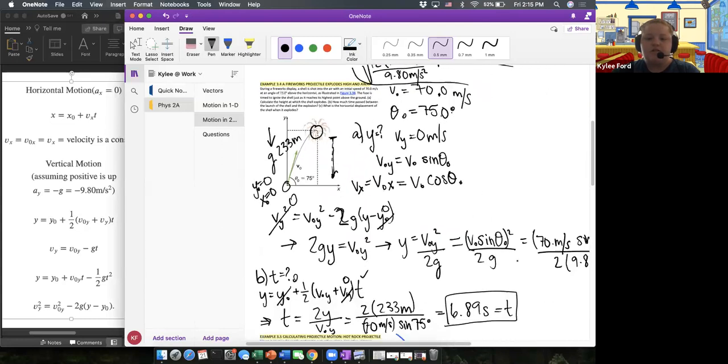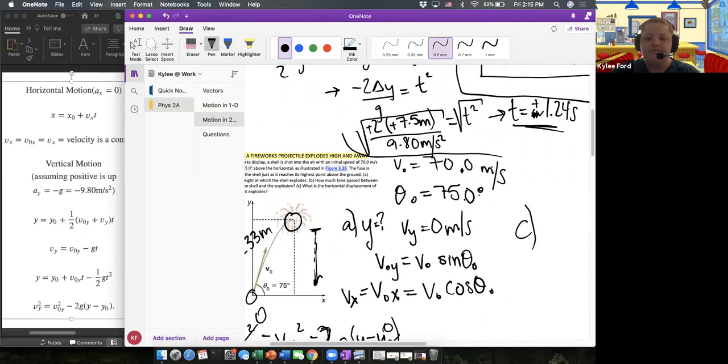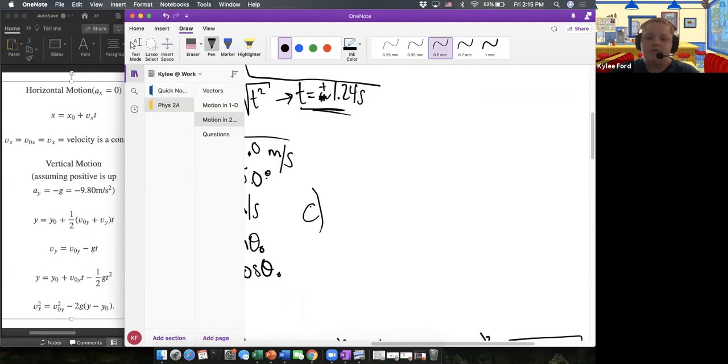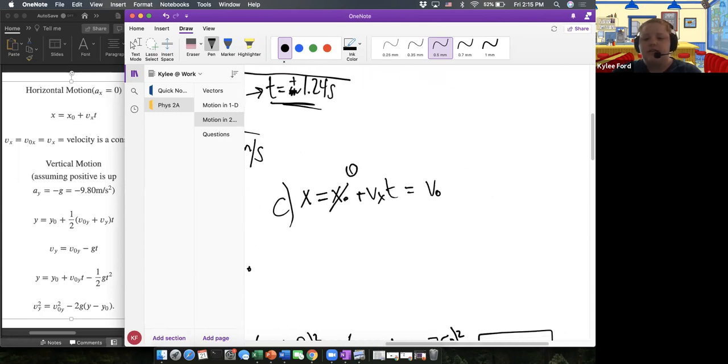Okay. So let me go over here and I'll say part C. Okay. All right. So I'm going to use this equation. x equals x naught plus vx t. Okay. My x naught is 0. Okay. Now I can plug in my vx as v naught times cosine theta naught times t.